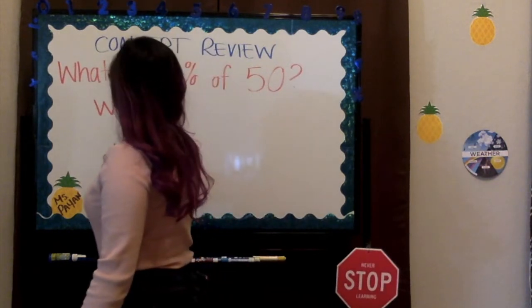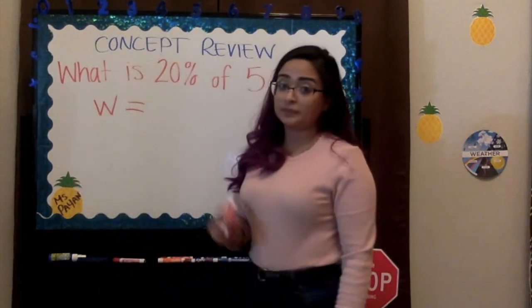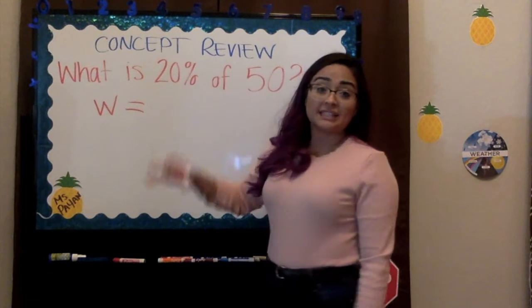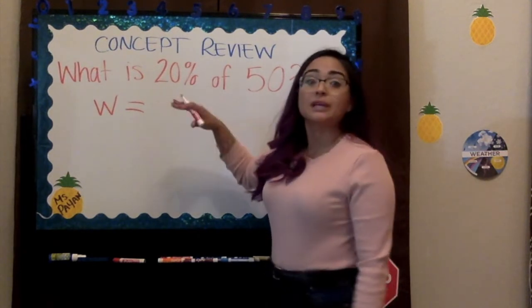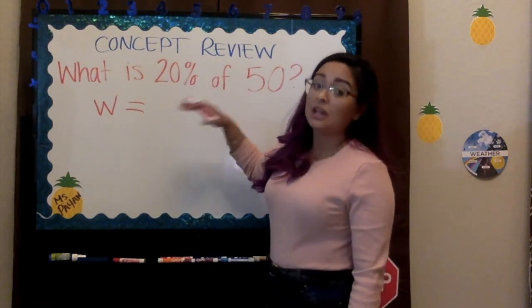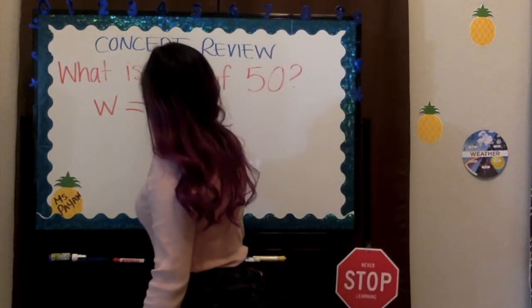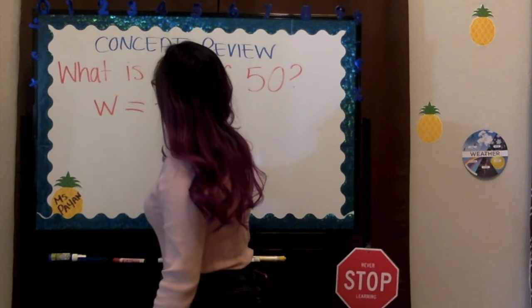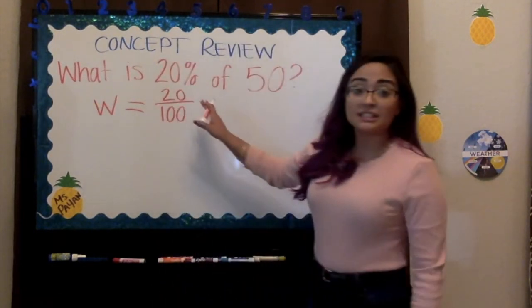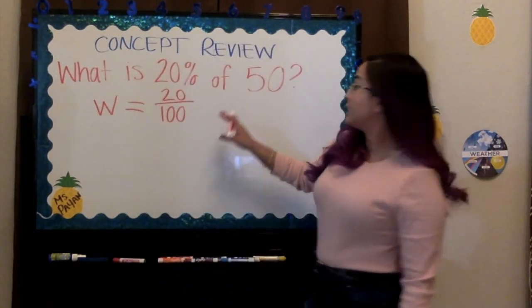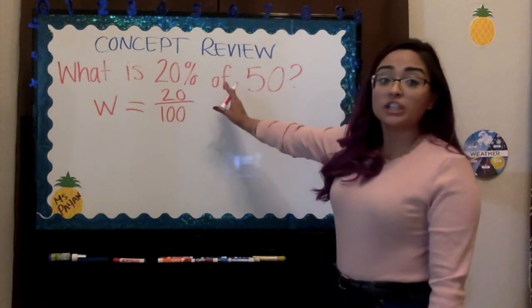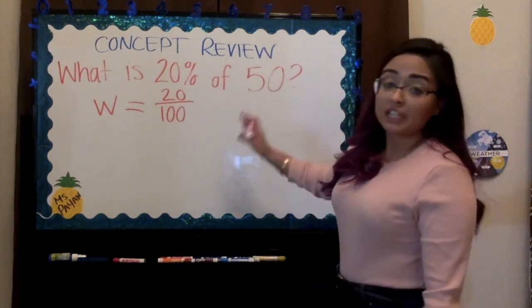So W equals. Now, 20%, it's pretty to look at, but we can't work with it that way. We have to change it. And to change it, it's going to look like this. 20 over 100. Now, "of" is going to be where we place our multiplication sign.